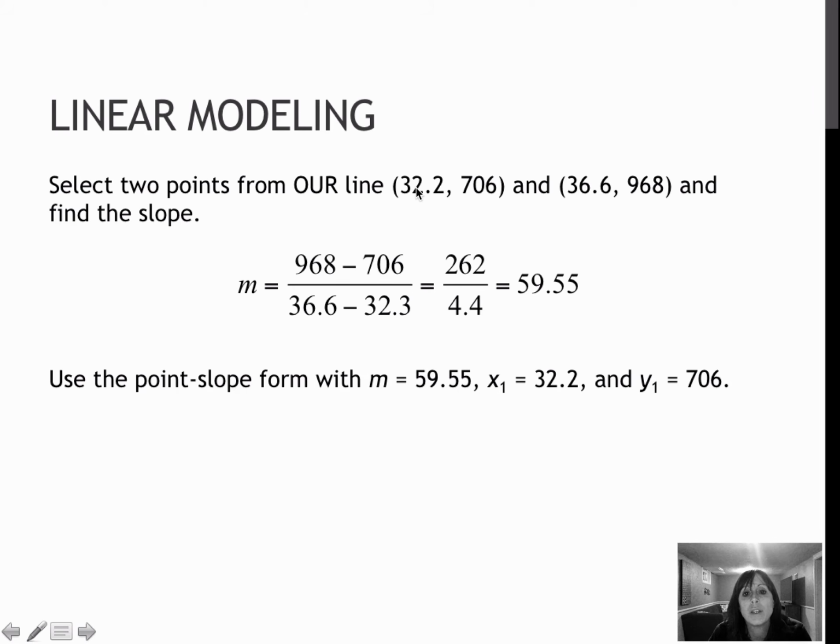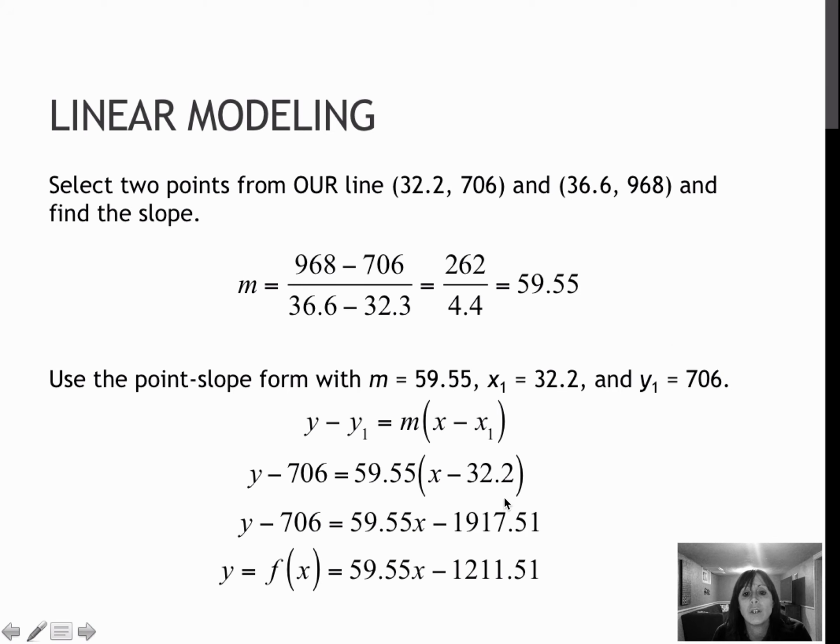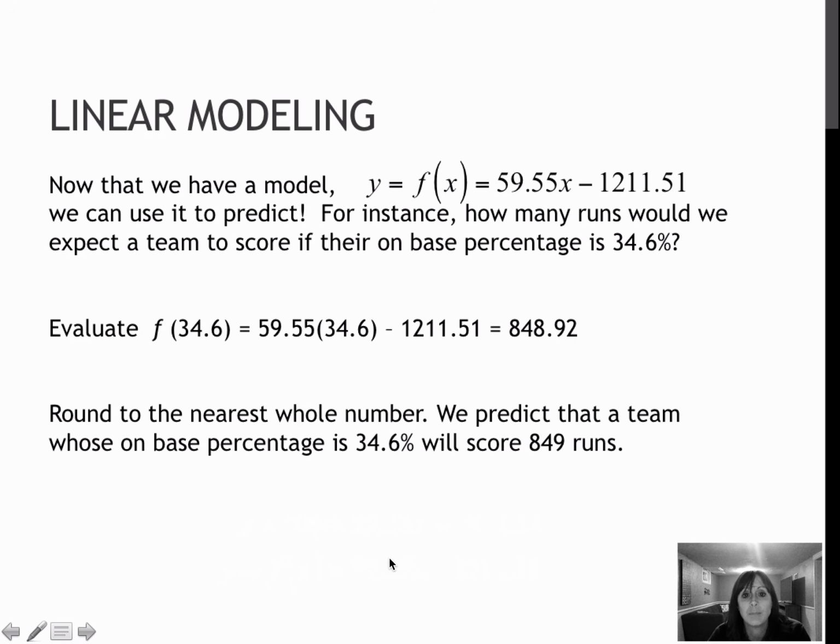I'm going to choose this point, 32.2, 706, and I'm going to use point slope form. I'm going to distribute and I'm going to find my solution, which is that y or f of x, depending on the format that they're asking us to use, equals 59.55x minus 1211.51. So that is a representation of the line that I drew on that previous screen.